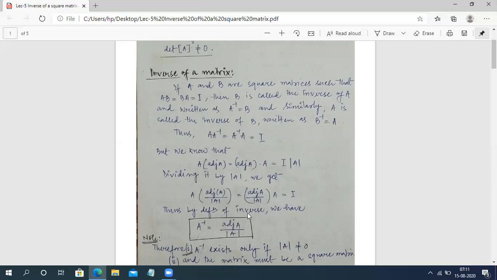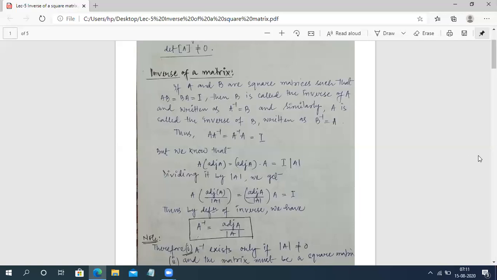So by the definition of inverse, A inverse A is equal to A A inverse is equal to I. If we compare this relation and this relation, we can see very easily that A inverse is nothing but adjoint of A by determinant of A. So to find the value of A inverse, we need to find adjoint of A and divide by determinant of A.